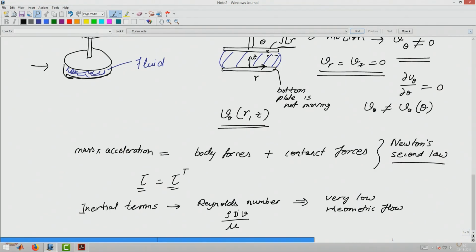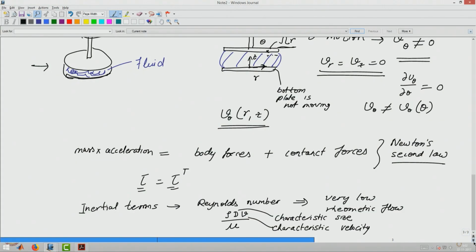The other two quantities we have to be very careful about in terms of manipulation are the characteristic size and the characteristic velocity. In rheology we have to ensure that the characteristic size of the geometry is such that Reynolds number is kept low. Similarly, the velocity being used also has to be very low.